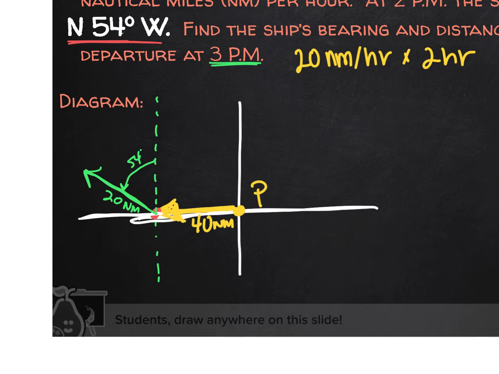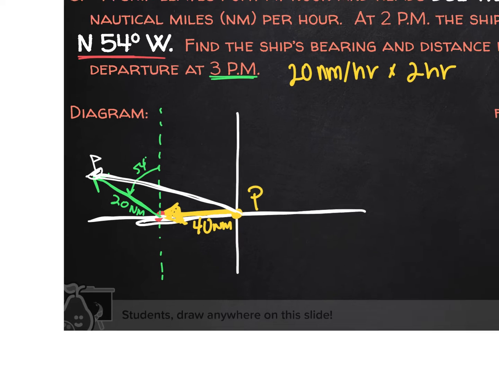So the two things the question asks you is, where is the ship at 3 p.m. in relation to where it started at the port? So you're going to connect wherever you ended up to the origin, and that gives us our triangle. And again, I do like to redraw the triangle, especially when it gets more complicated like this.